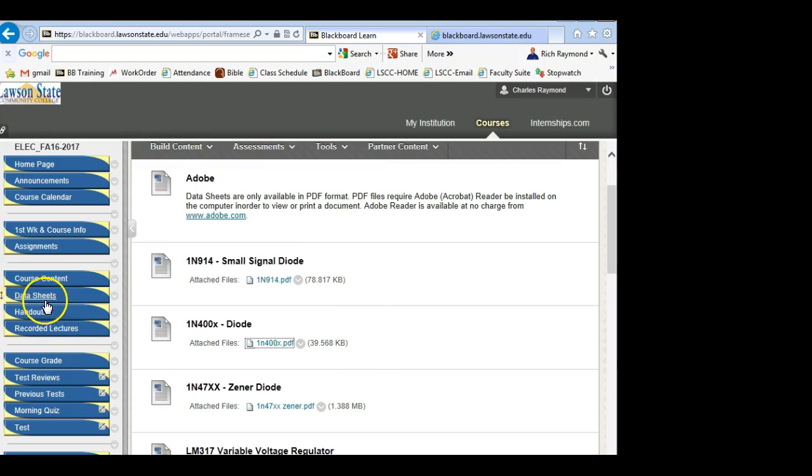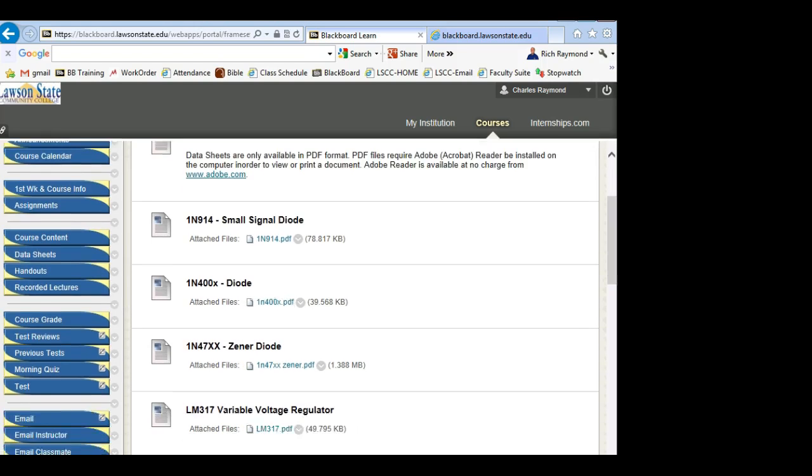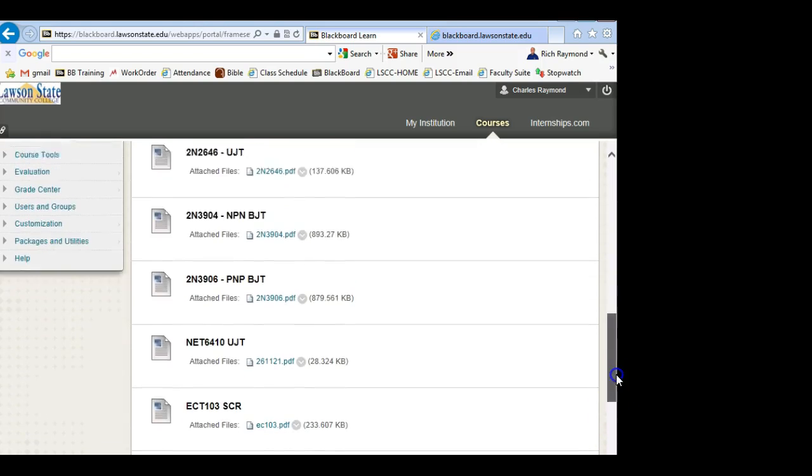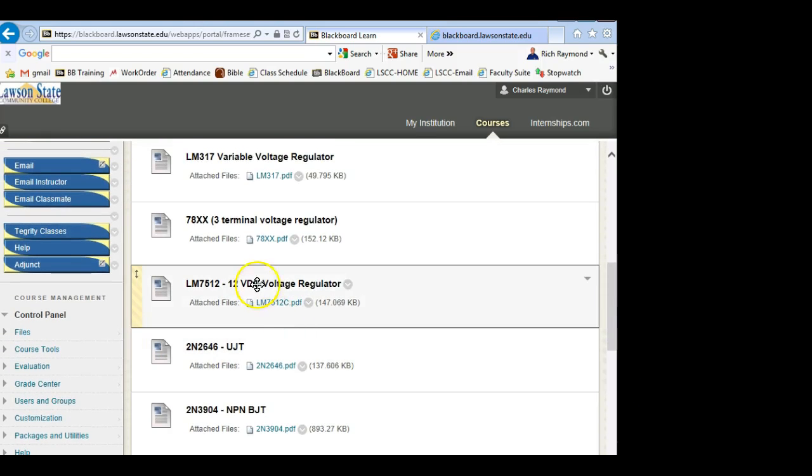On the backboard, select data sheets. This is the actual spec on the data sheets. And you can see some of the stuff that we're going to be dealing with this semester, all these different devices. Right here, this says this is the what? Three-terminal regulator. This is the what? Variable voltage regulator.